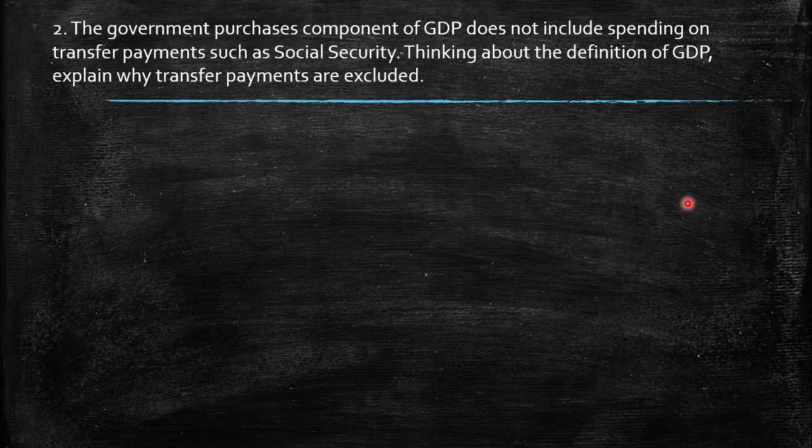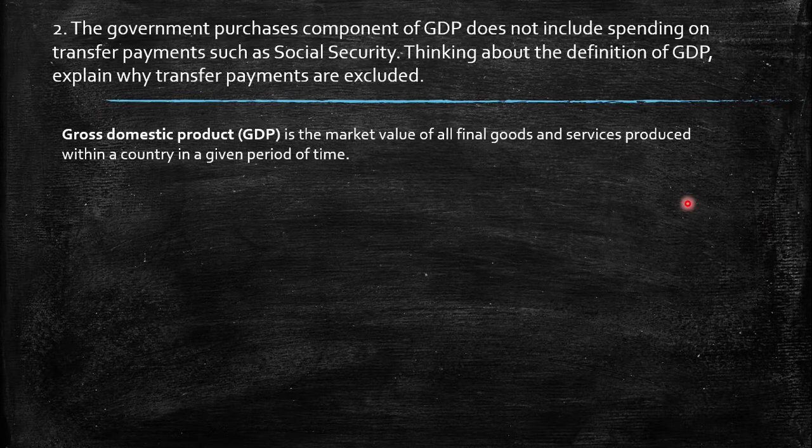Second question. The government purchases component of GDP does not include spending on transfer payments such as social security. Thinking about the definition of GDP, explain why transfer payments are excluded. Let's start with the definition: gross domestic product is the market value of all final goods and services produced within a country in a given period of time.